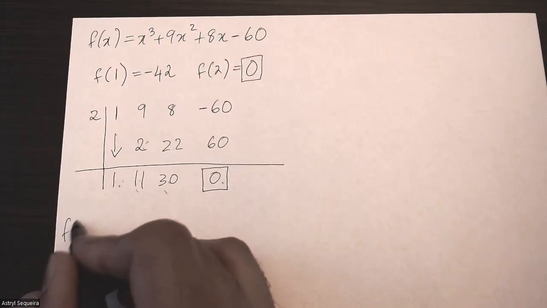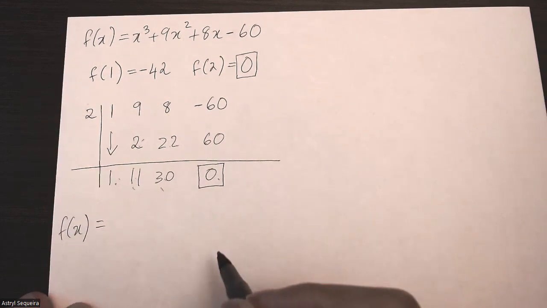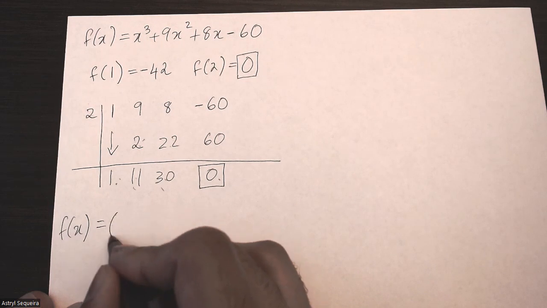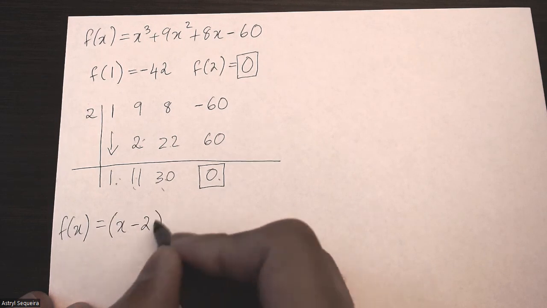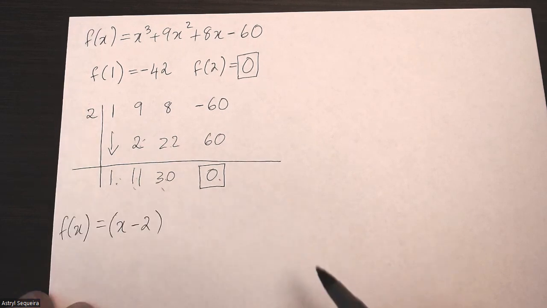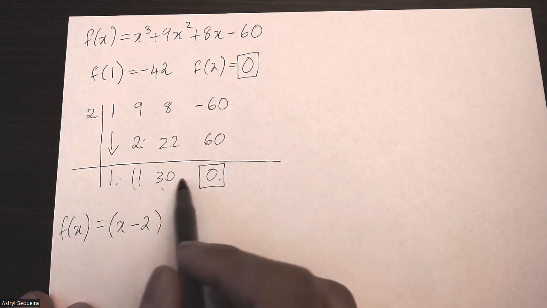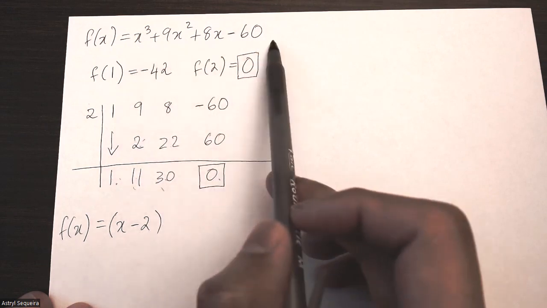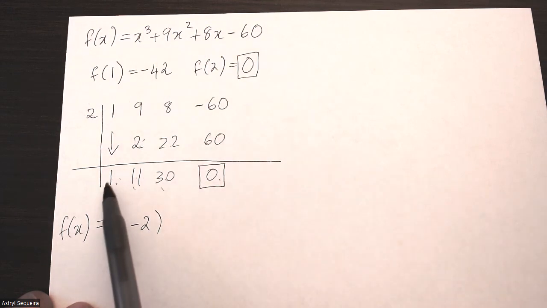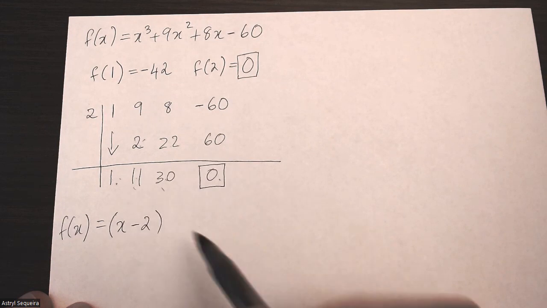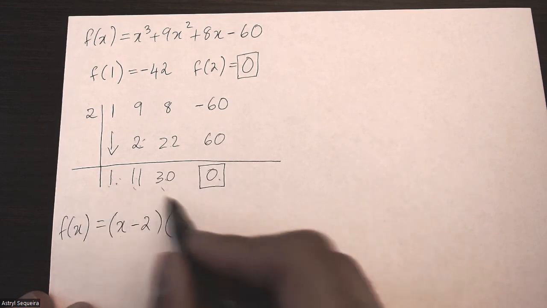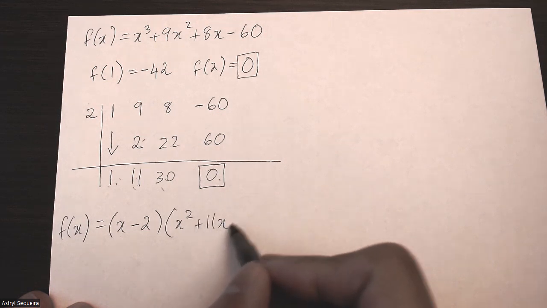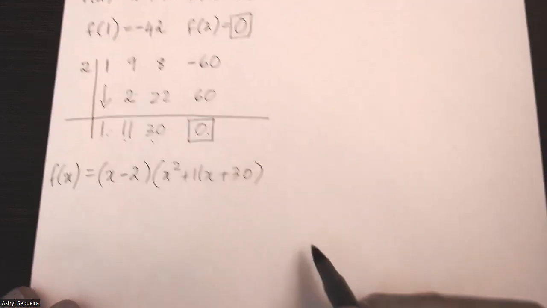So now if I write this equation in partially factored form, my first factor from the 2 is going to be x minus 2, because the solution of x minus 2 is basically positive 2. These are the coefficients of the equation 1 degree smaller than this. So this is x cubed, which means this is going to be an x squared equation. So this is going to be x squared plus 11x plus 30.